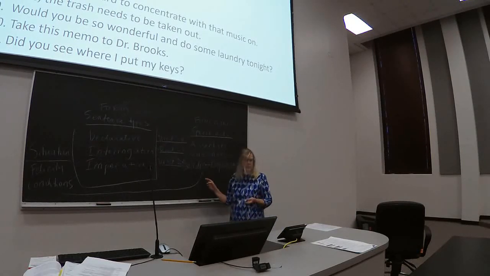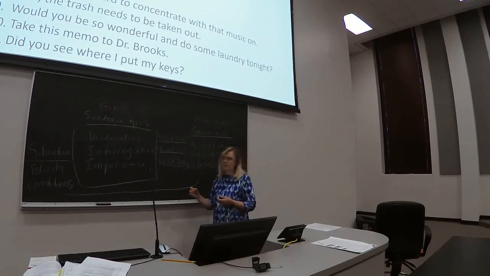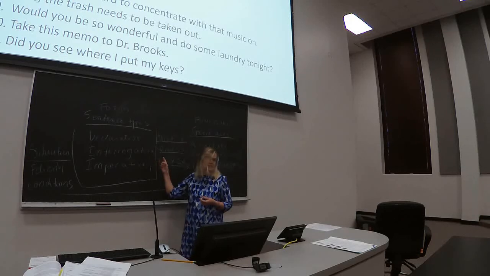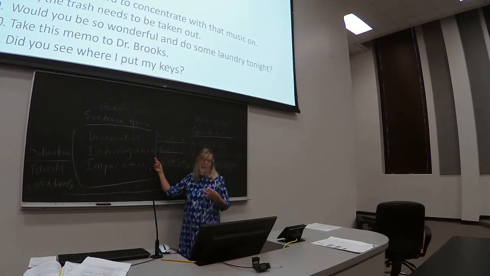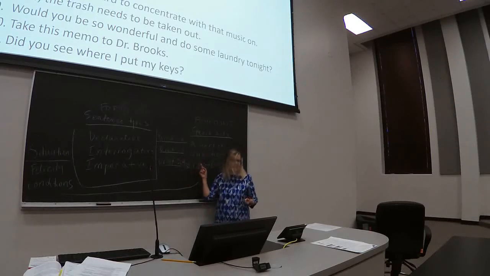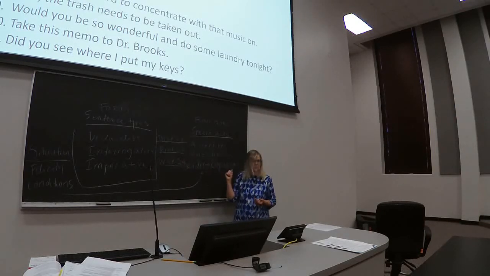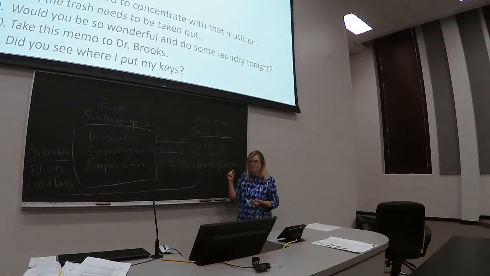Did you see where I put my keys? Sentence type, interrogative, and is it a question? I would say it could be. It could be a question you just generally ask, like, do you know where I put my keys? They're by the door. But at the same time, sometimes you want them to help find your keys.